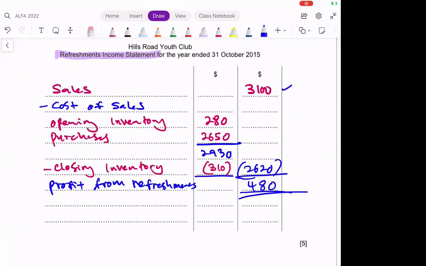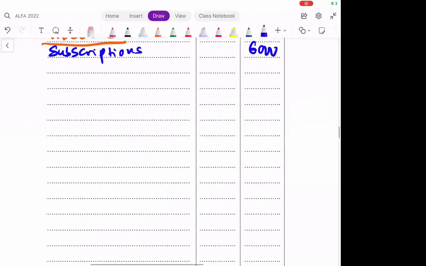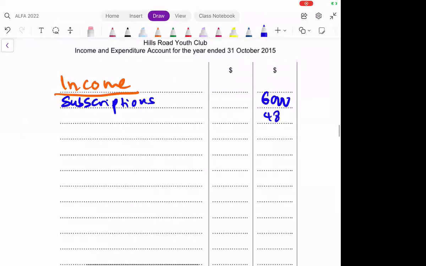Profit from refreshments is 480. Right here, 480. That's it. We have only two incomes. Total is 6480. This income will be minus expenditure.